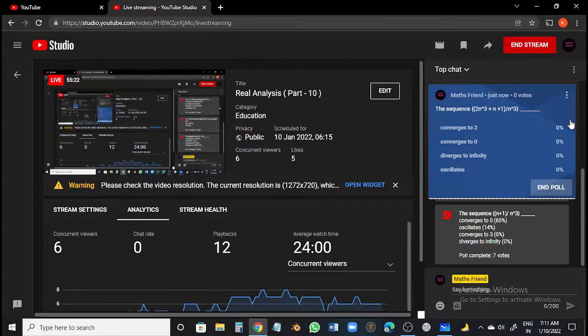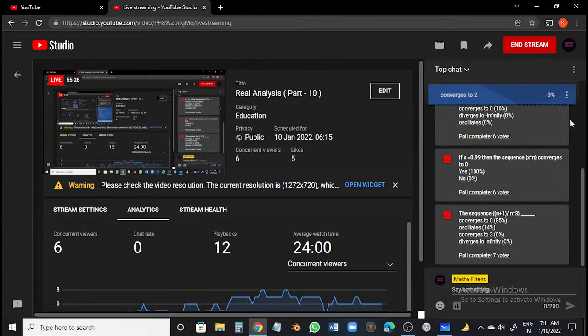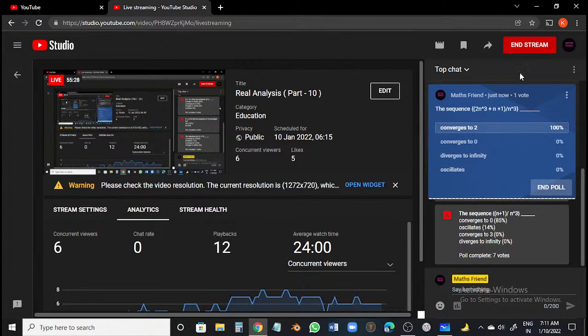I reread the question. The sequence 2n cube plus n plus 1 upon n cube.